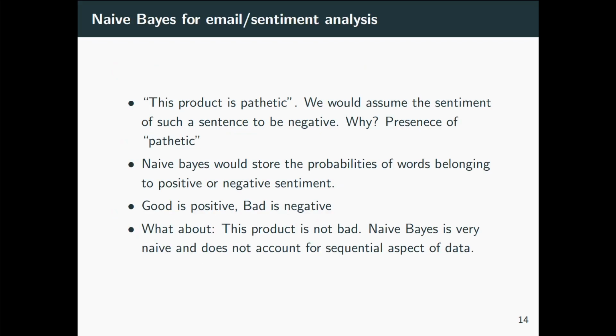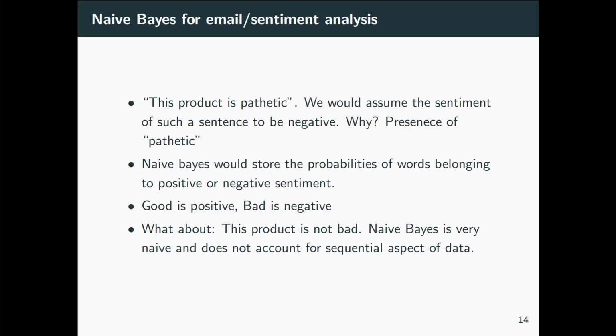So with naive Bayes, when we use it for email and sentiment analysis, there is a small caveat. Let's try now to use it for sentiment analysis, where let's say the sentence is: this product is pathetic. We would assume that the sentiment associated with this sentence is negative, given that it uses the word pathetic.